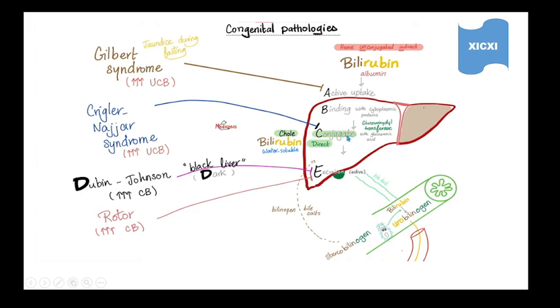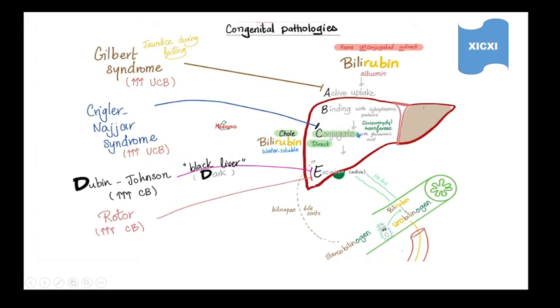Now, if this enzyme, glucuronyl transferase, is not there to conjugate this bilirubin, this disorder is called Crigler-Najjar syndrome. It means they are going to increase what? Unconjugated bilirubin or conjugated bilirubin? The answer is increase of unconjugated bilirubin. Why? Because the enzyme is not there, it is not yet conjugated. That's why the unconjugated bilirubin is going to be elevated in our blood.